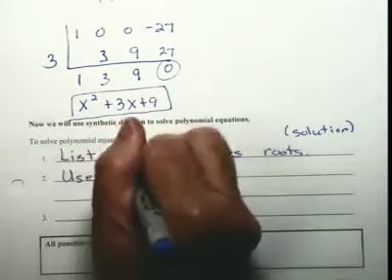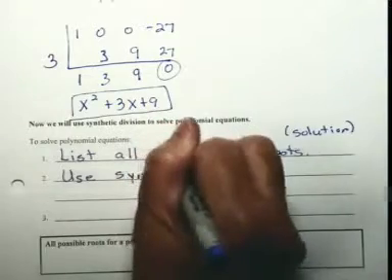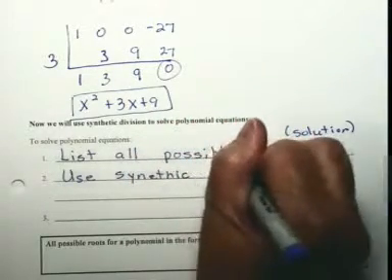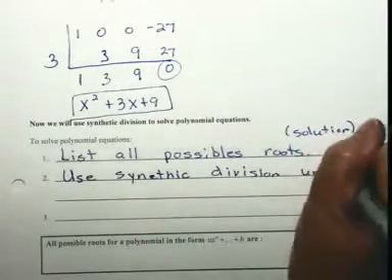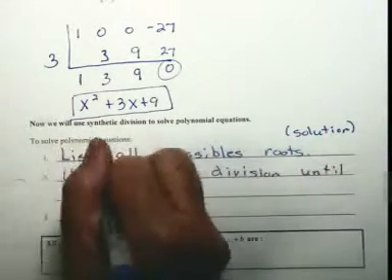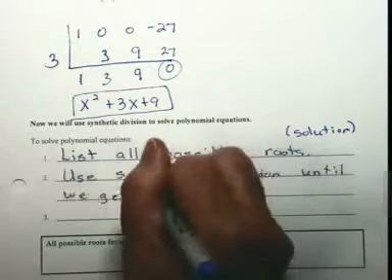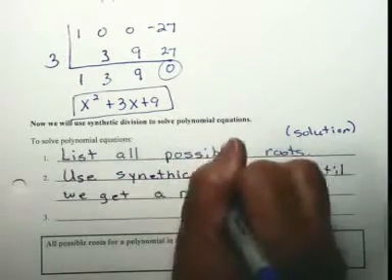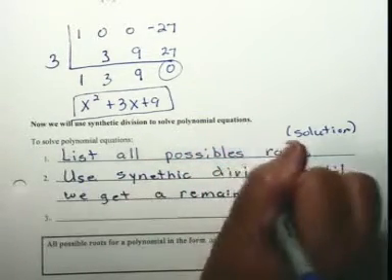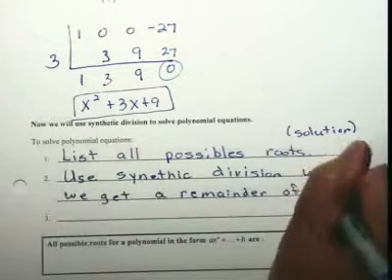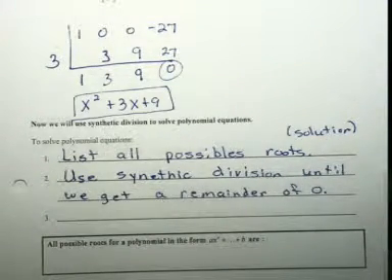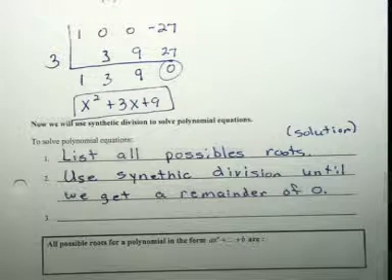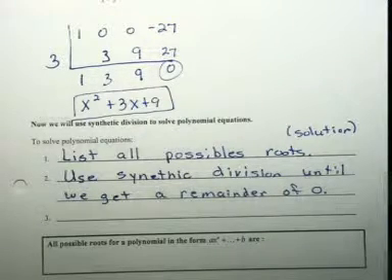We use synthetic division until we get a remainder of 0. We're going to have a list of possible answers, and then we're just going to start doing synthetic division.